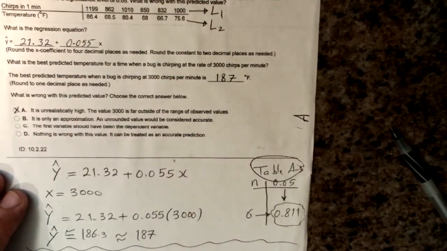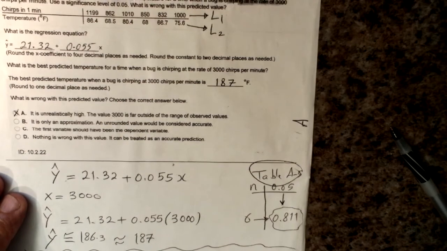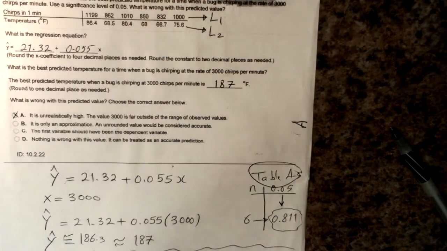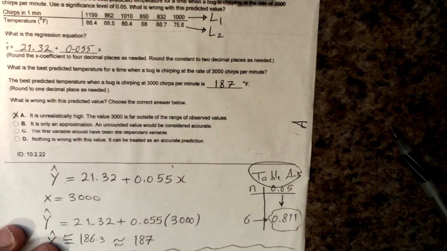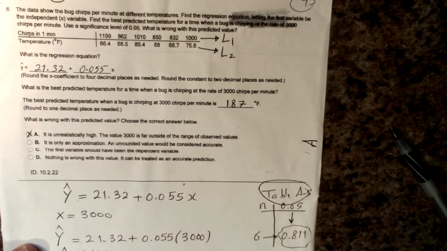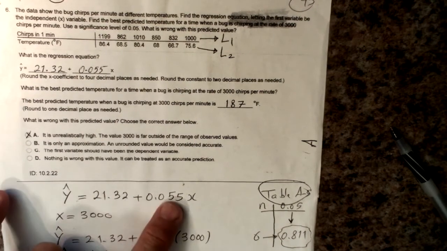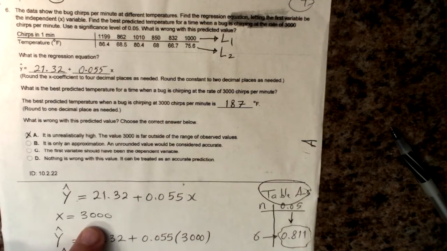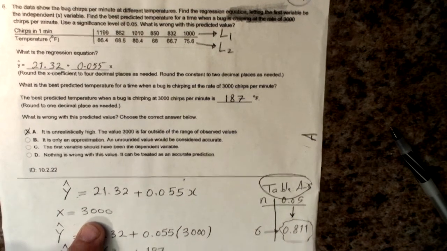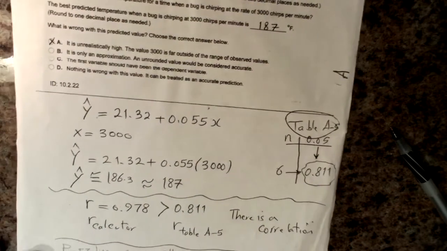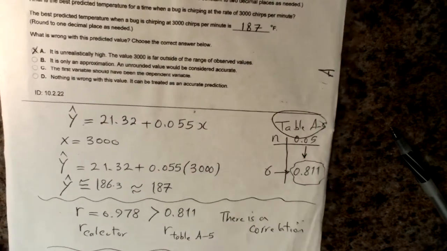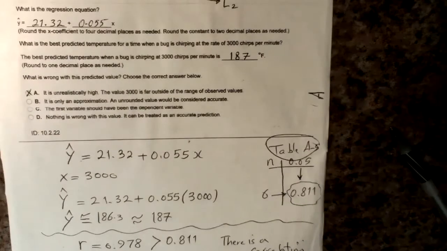Then the second question is, what if we give you an X value of 3,000? How do you find the Y value for it? That means you have to find the regression equation through the calculator and then take X equal to 3,000, put it in for X to find your Y value. This is in case there is a good correlation.